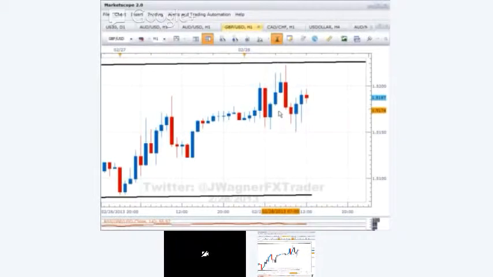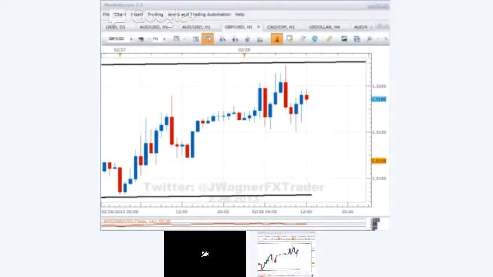For a breakout style of trading, you can use a take profit level. What I would suggest is whatever the distance is to your stop loss, you look for twice that as your take profit level.